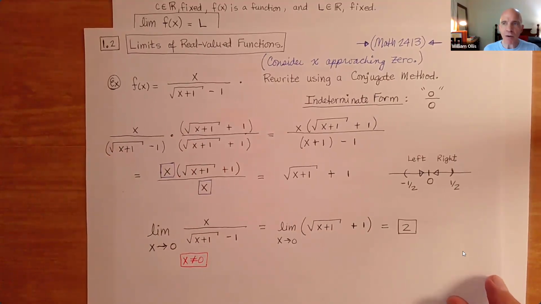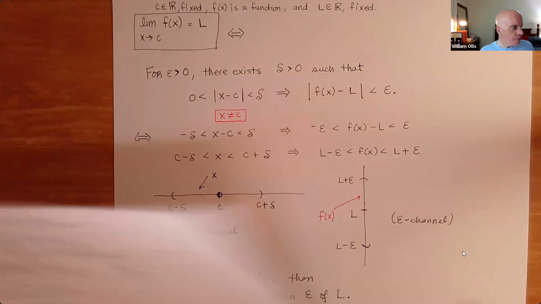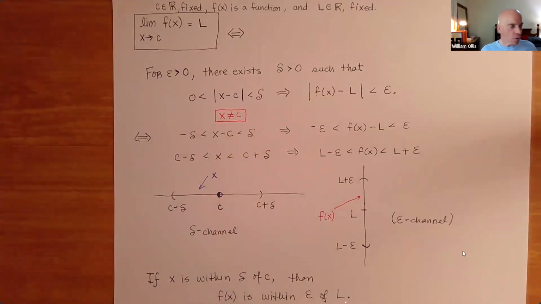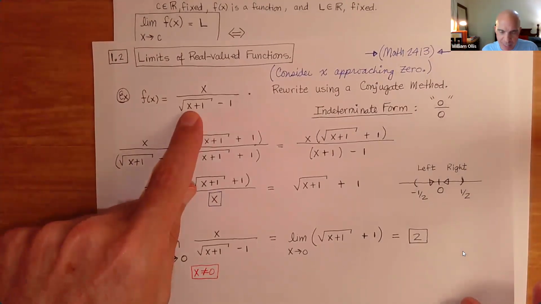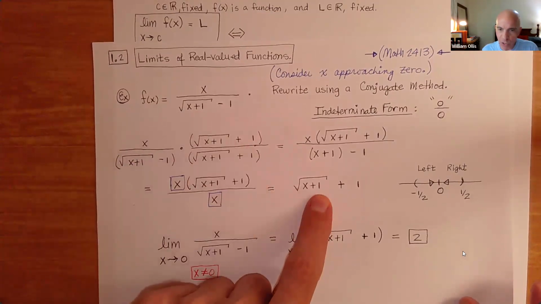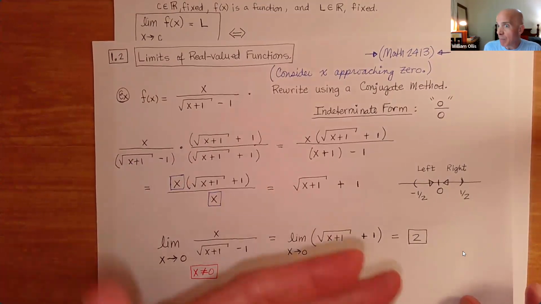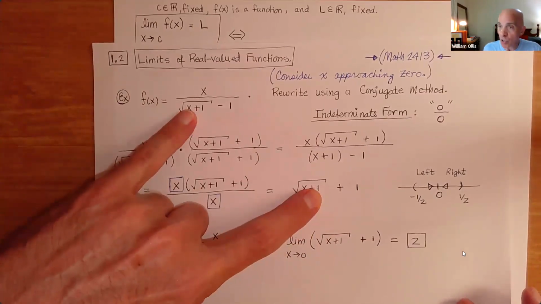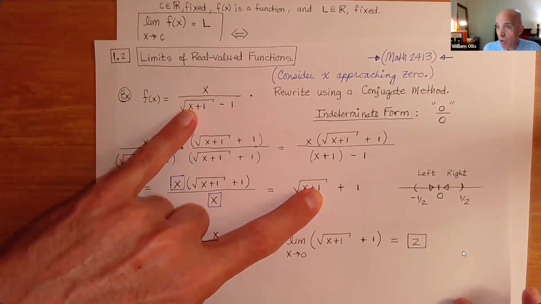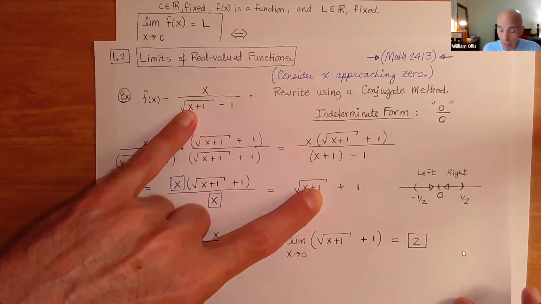So there must be some way to say, okay, if we do a replacement, let me come back to this. If we do this identity replacement, that is, if we replace f with this function, that must be legal because, again, these two expressions are equivalent as long as we don't let x equal 0.